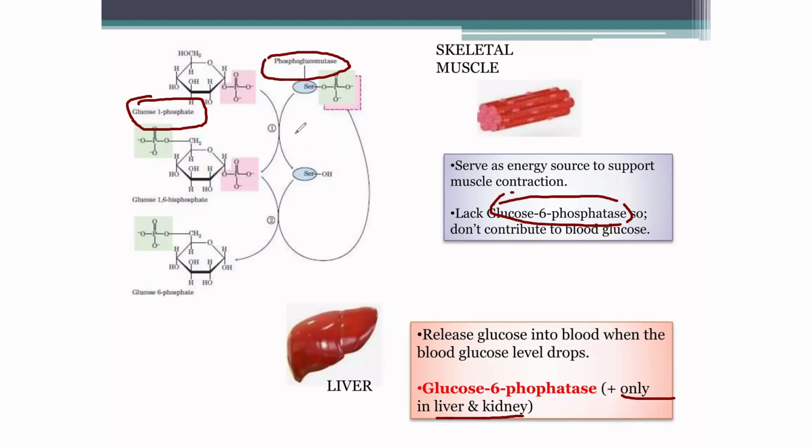It does that by adding a phosphate at carbon 6, so we have glucose 1,6 bisphosphate. Then the phosphate group at carbon 1 is removed, and we have glucose 6 phosphate. Then the enzyme glucose 6 phosphatase removes the phosphate. At the end, you have free glucose, which is used in maintaining the blood glucose level when it drops.